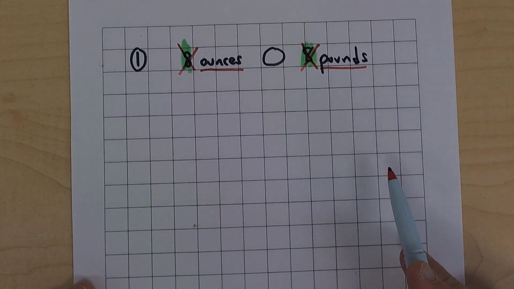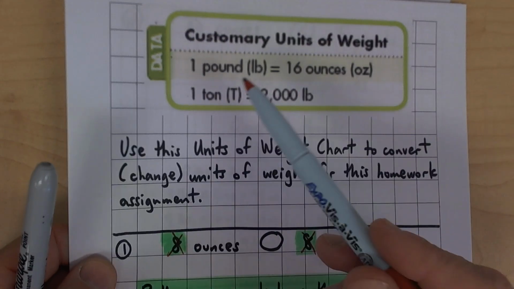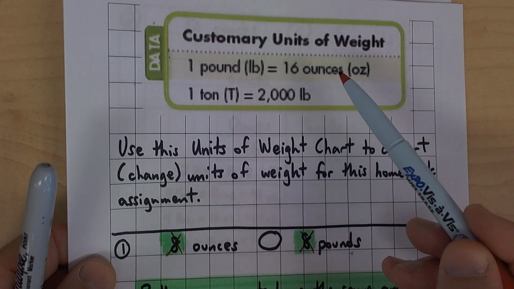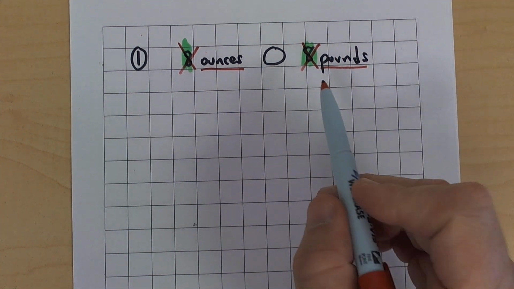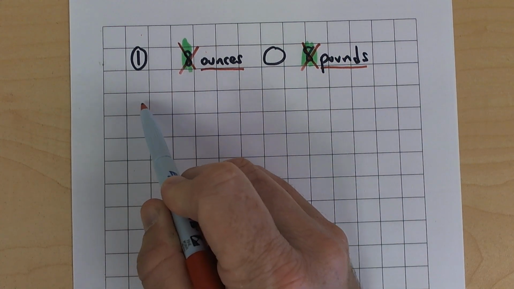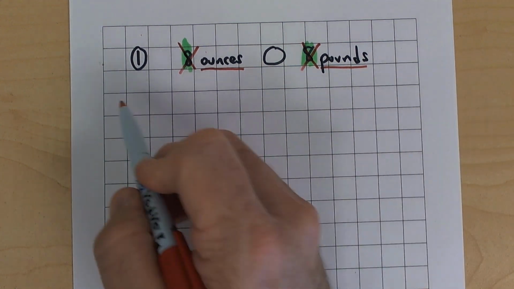Pounds or ounces? Well, if I look at my little cheat code, which says here 1 pound is equal to 16 ounces, then that means that 1 pound would be like a bar that is this long. 1, 2, 3, 4, 5, 6, 7, 8, 9, 10, 11, 12, 13, 14.